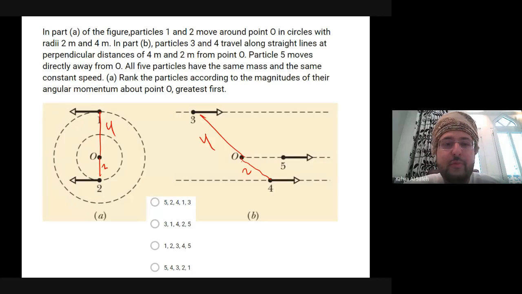And particle 5 moves directly away from O. They all have the same mass and the same constant speed. We want to rank the particles according to the magnitude of their angular momentum about point O, biggest to smallest. How would it be?